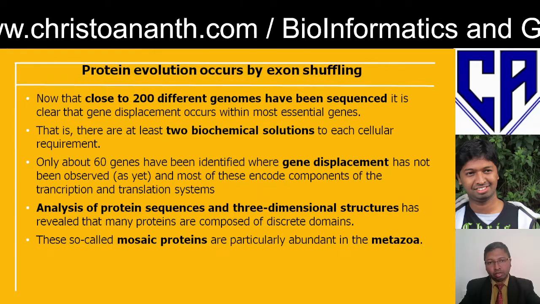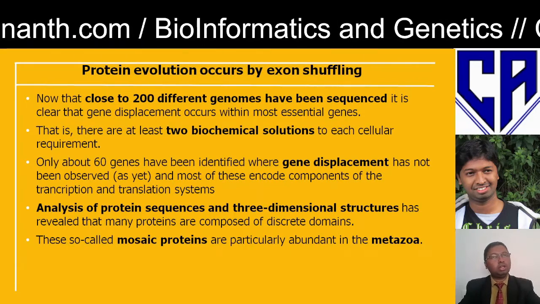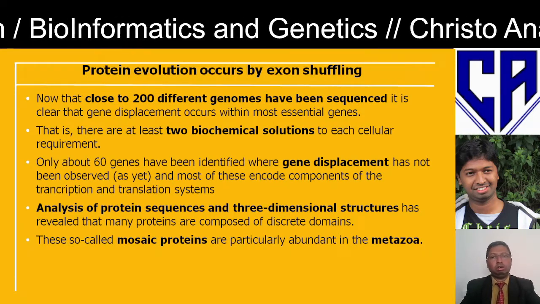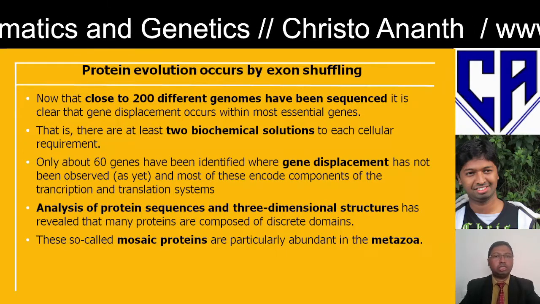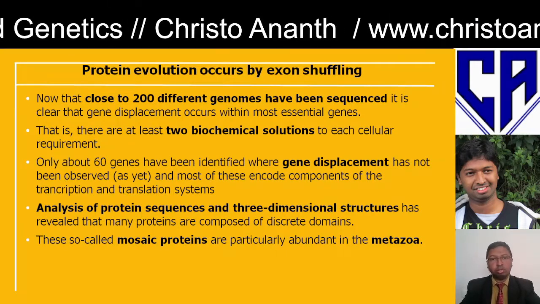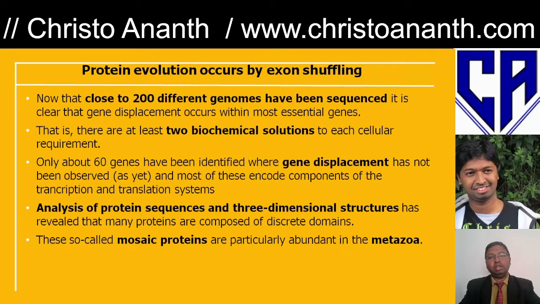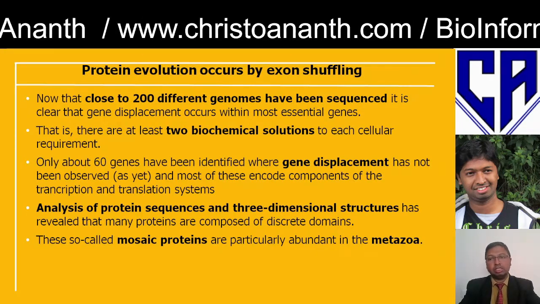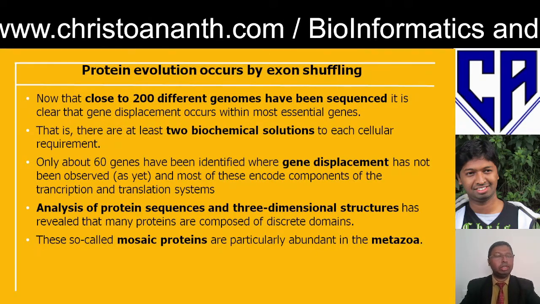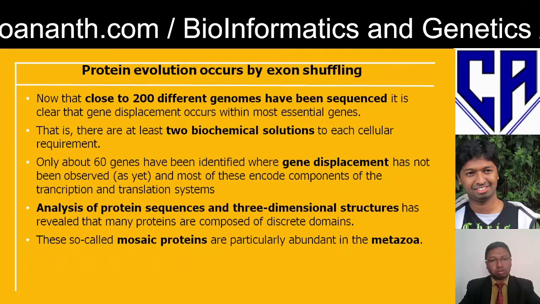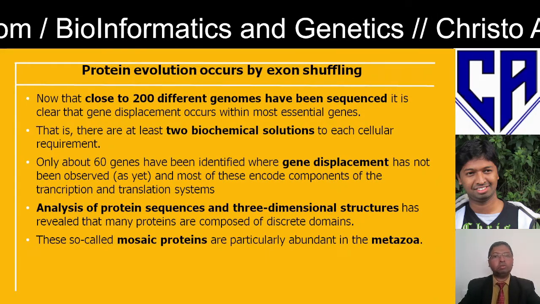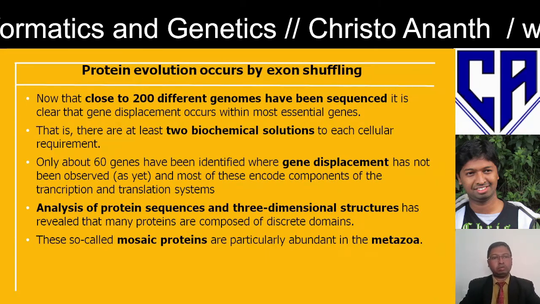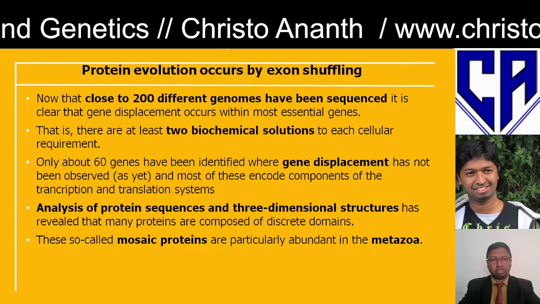Okay, so there would be at least two biochemical solutions to each cellular requirement, and only about 60 genes can be identified where this gene displacement has not been observed. So most of these encode the components of the transcription and translation systems.